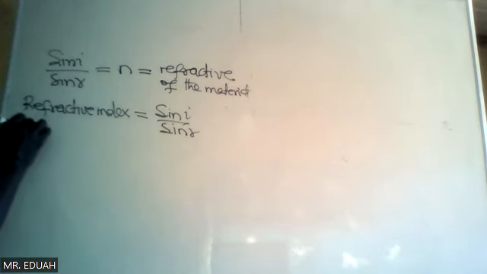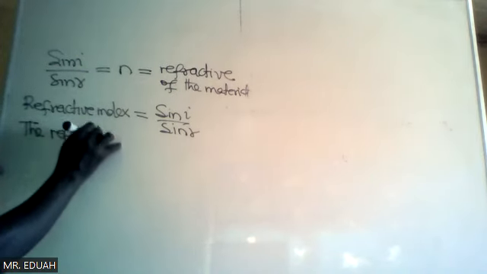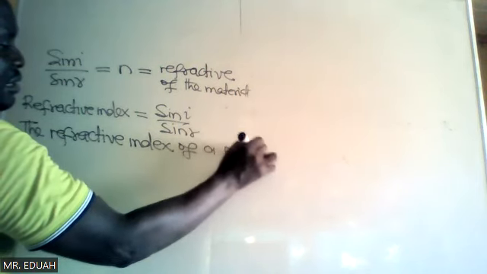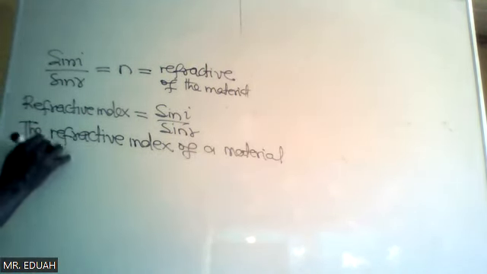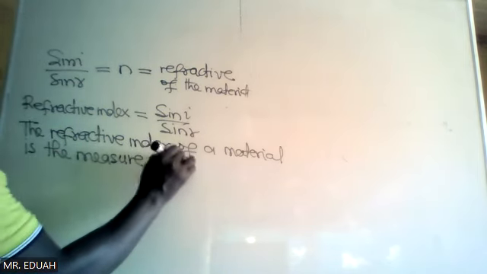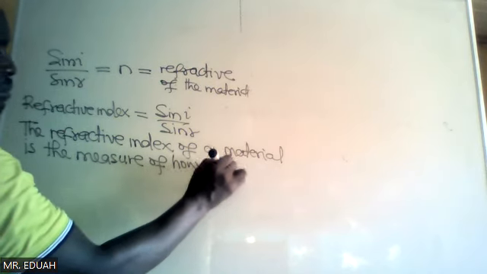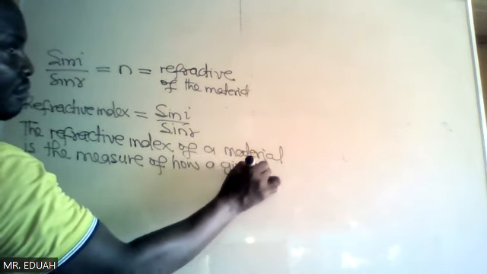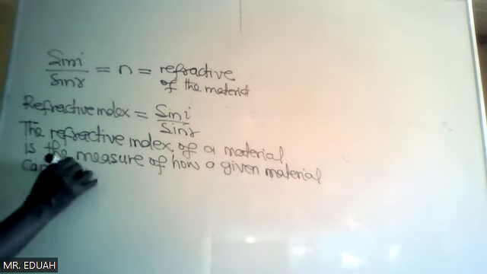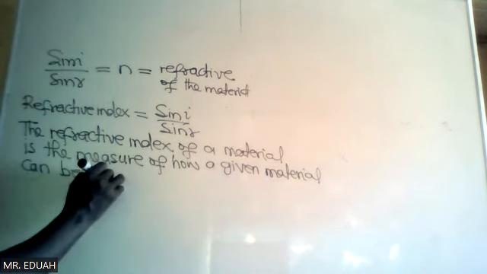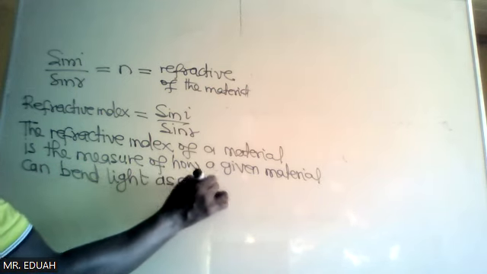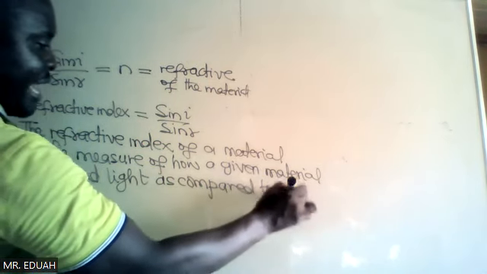So the refractive index of a material is the measure of how a given material can bend light as compared to air.